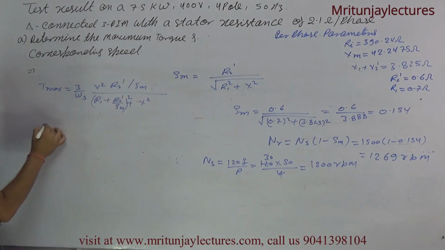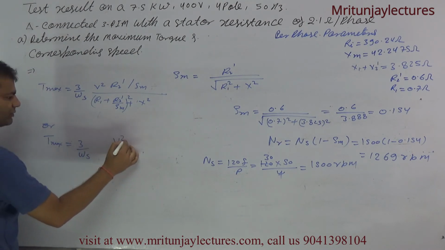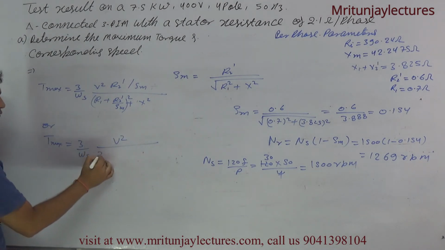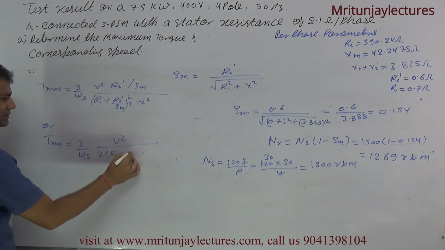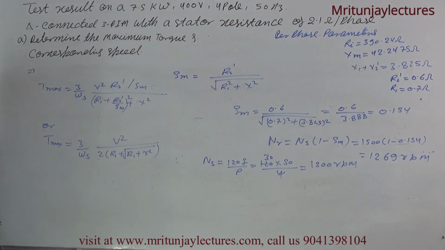Another formula: T max is equal to 3 upon omega s into V square divided by 2 into, in terms of r1 plus under root of r1 square plus x square.